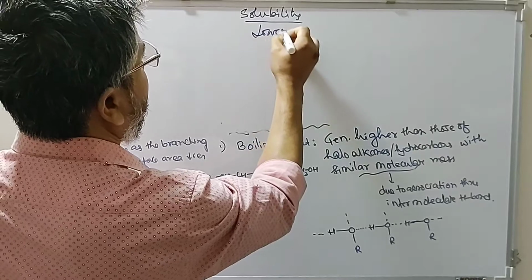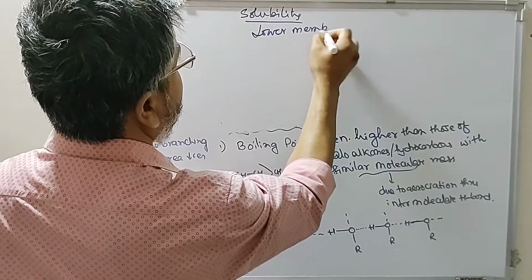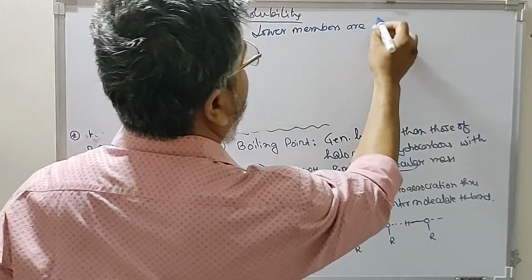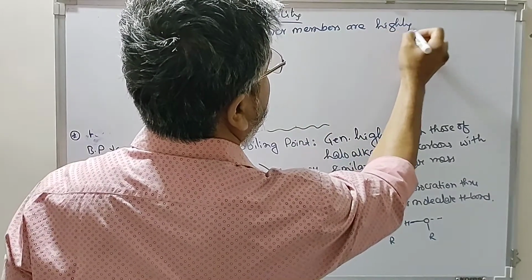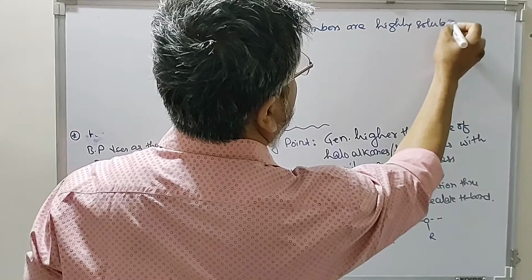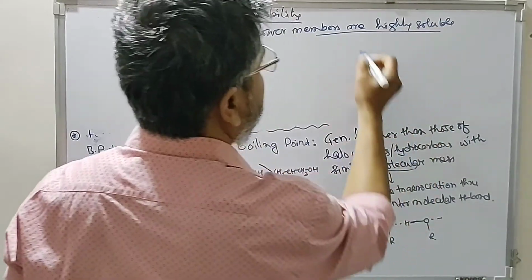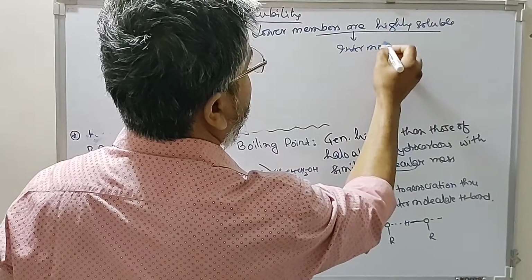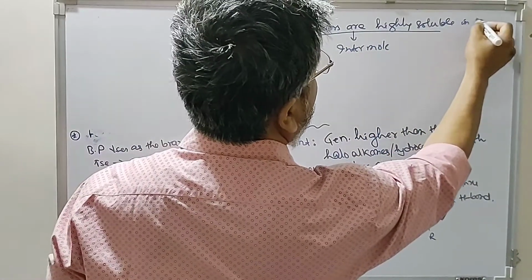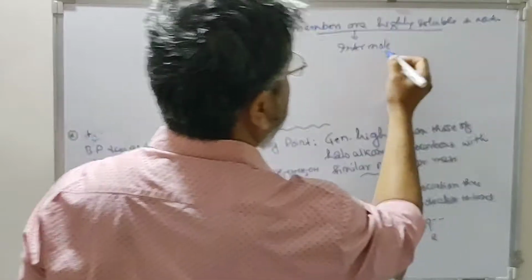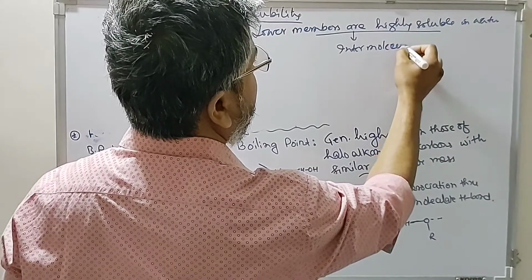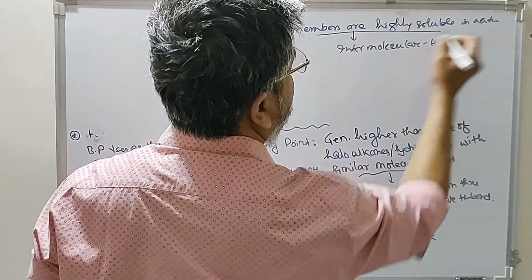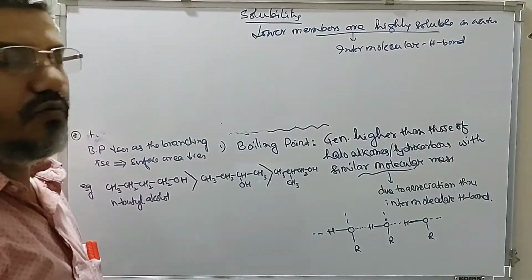So lower members are highly soluble in water. This is due to intermolecular hydrogen bond between alcohol and water.